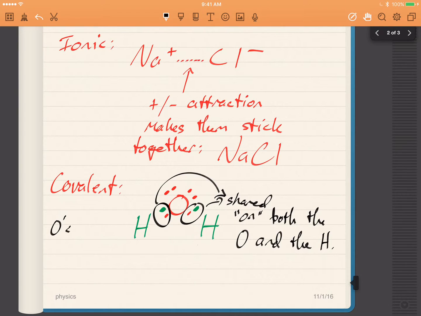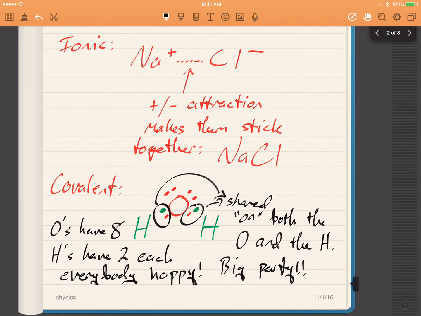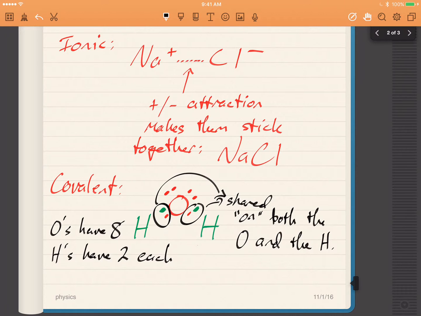So the O has 8, the H's have 2 each, and everybody's happy. Big party. Well, I mean, don't get too excited, but the fact that everybody has the right number of electrons means that everything is stable, and stable is what everything is all about.